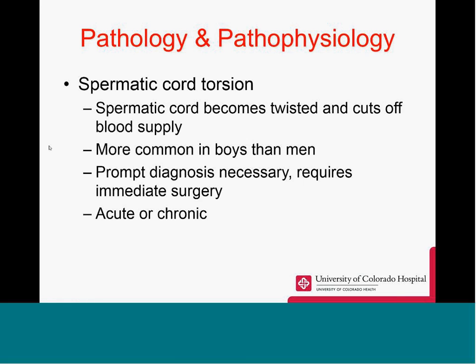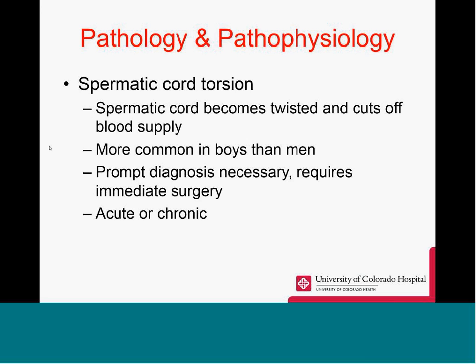Spermatic cord torsion now. The spermatic cord becomes twisted and cuts off the blood supply. This is more common in boys than men, and a prompt diagnosis is necessary and most often requires immediate surgery. You can have acute or chronic spermatic cord torsion.